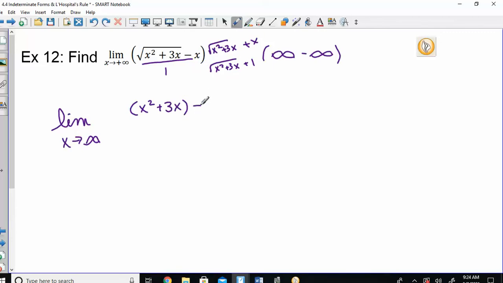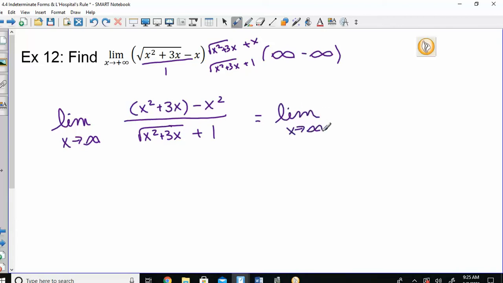Negative x and positive x is a negative x squared. X squared minus x squared cancels, so we have 3x over, that's supposed to be an x, not a 1, the square root of x squared plus 3x plus x.